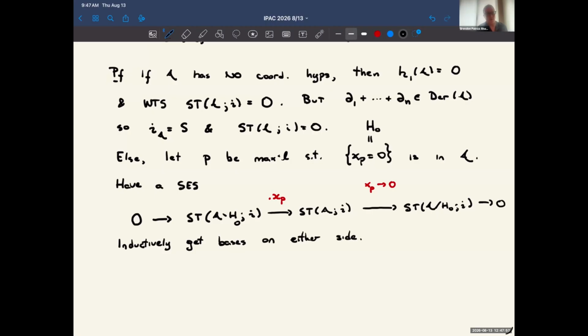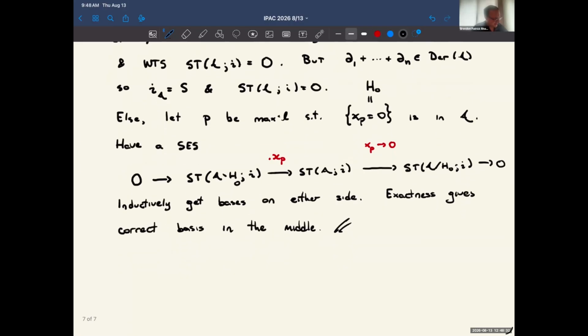And if you think about the effect on H sequences that restriction and contraction with respect to this critical hyperplane has, exactness gives the correct basis in the middle. There we are. Okay, so some steps weren't quite there, but hopefully that was at least broadly believable.